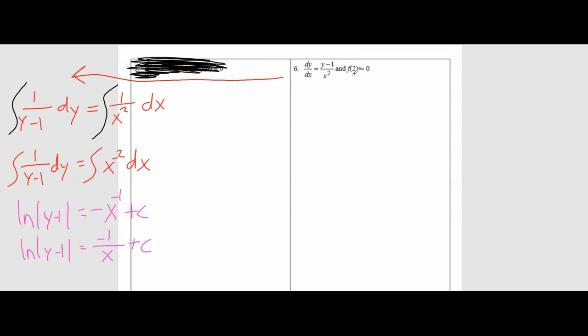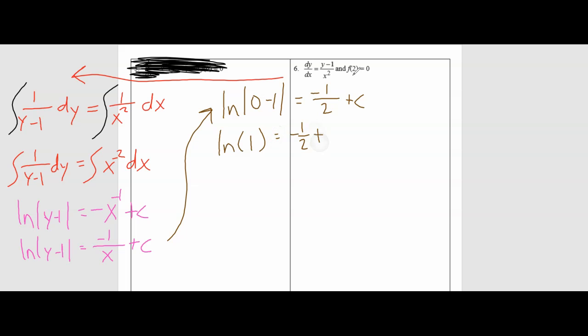Let's use our initial condition that says f of 2 is equal to 0. So when x is equal to 2, y should be equal to 0. So I get the natural log of the absolute value of 0 minus 1 is equal to negative 1 over 2 plus c. This gives me the natural log of 1 is equal to negative 1/2 plus c.